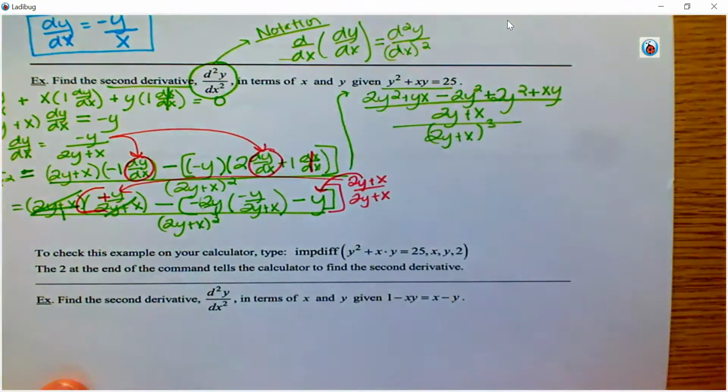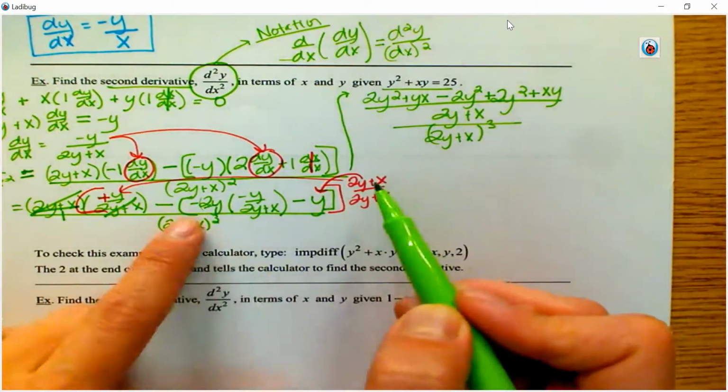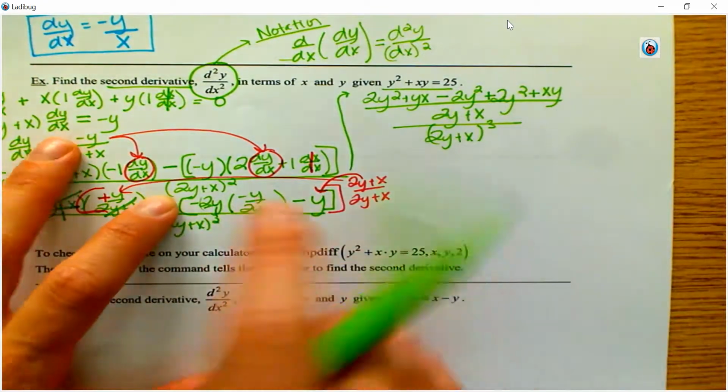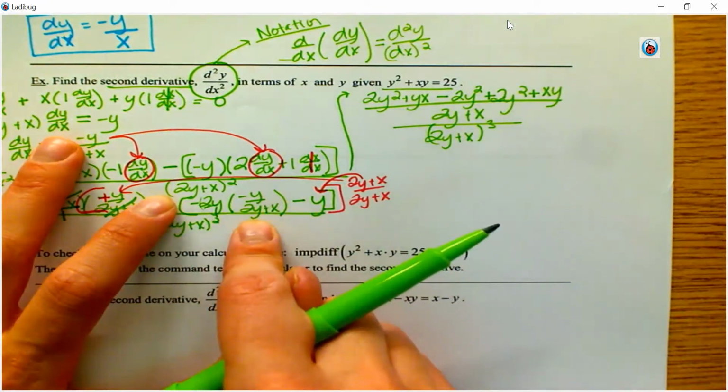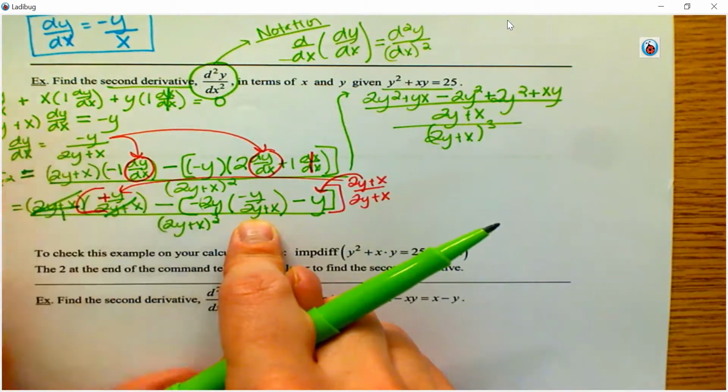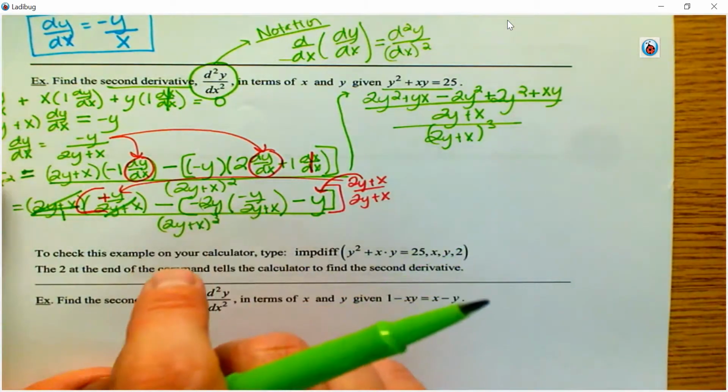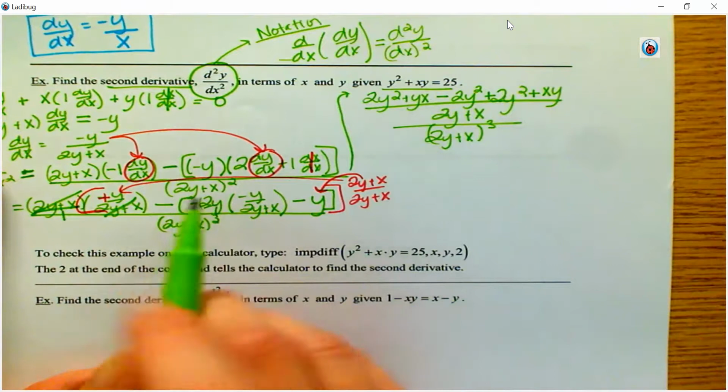Katie? Wait, why wouldn't it be 4 if you're distributing the 2y plus x over 2y plus x to that? I didn't distribute this to this one because it already had a denominator of 2y plus x. Yes, Michael? This is way back, but where did the 1 ever go? It says like 1 dx dx. I don't know. Oh, that's what I was saying.